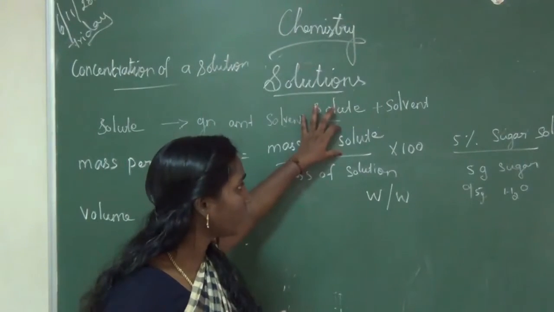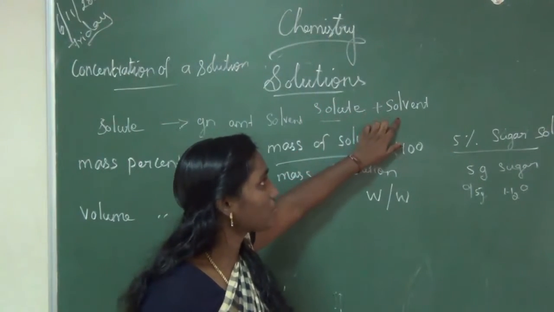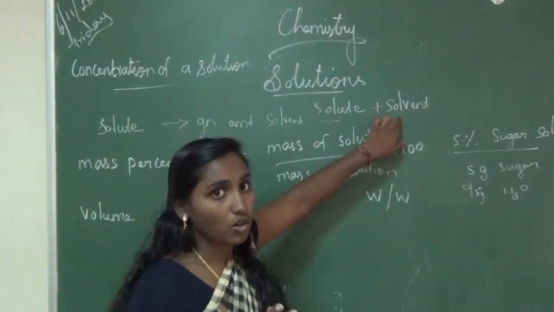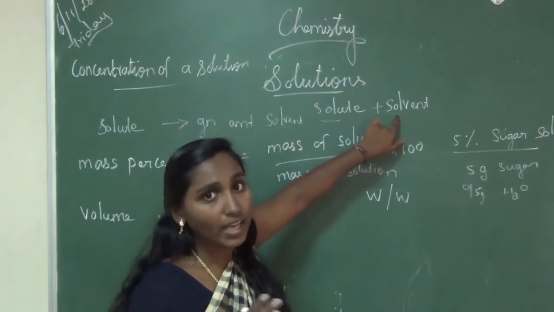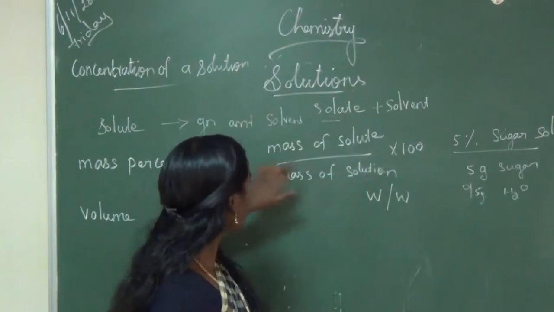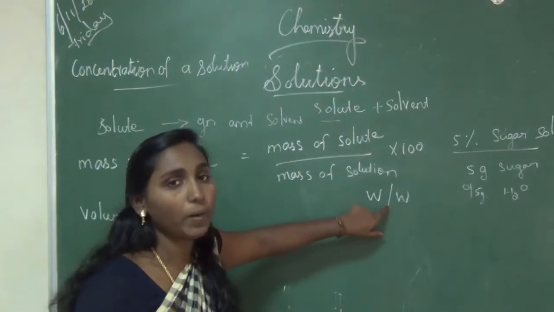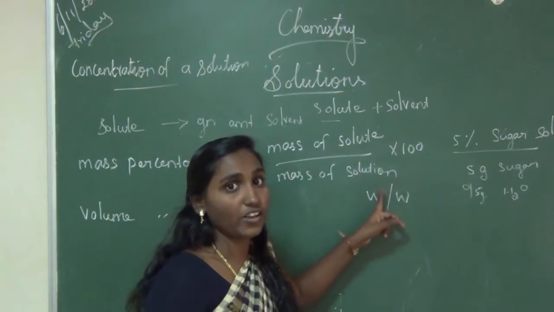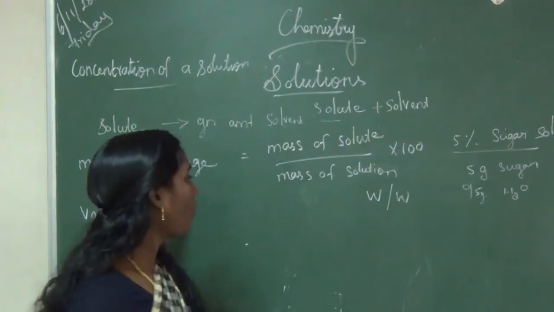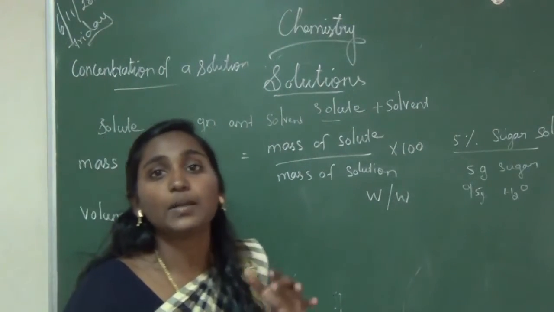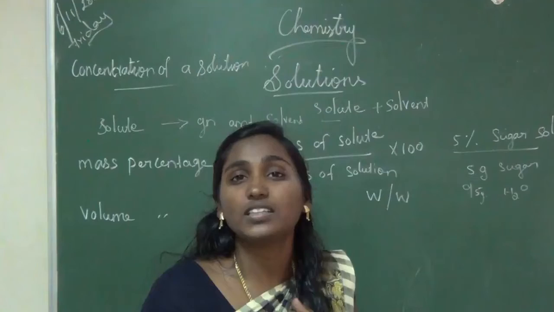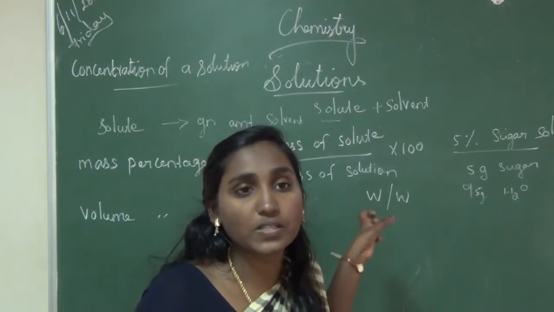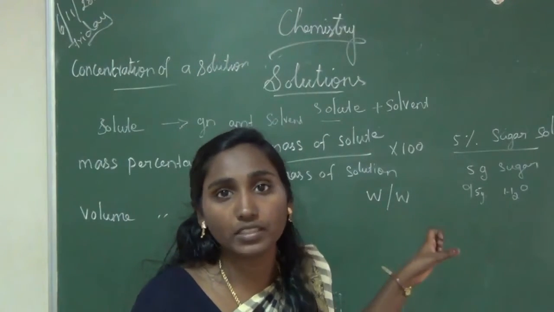The solute is solid and the solvent is in liquid form. So it is expressed in terms of W by W, that means weight by weight. And this mass percentage is independent of temperature. It does not depend on temperature.